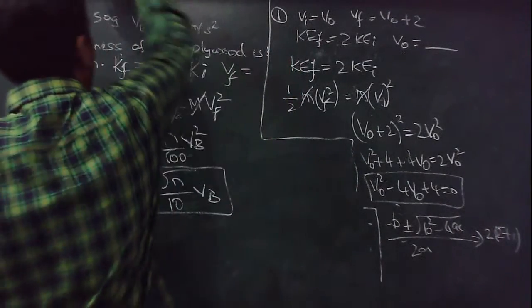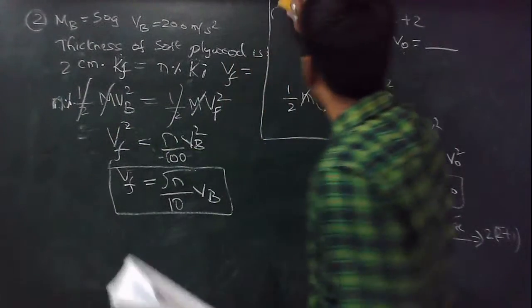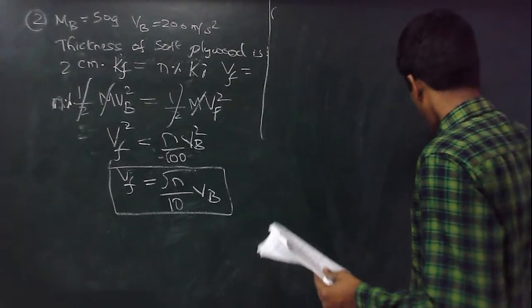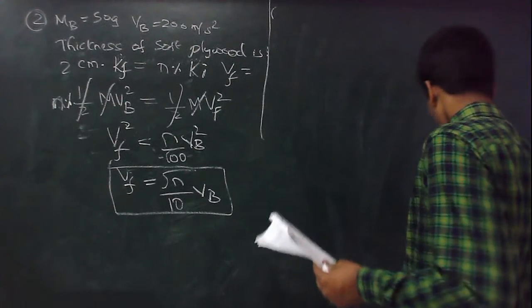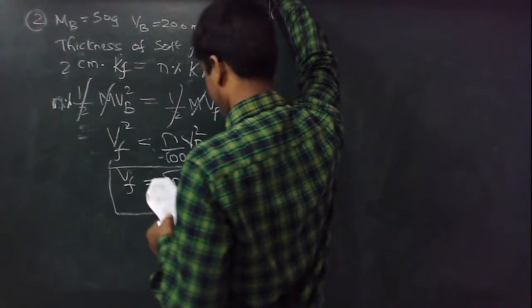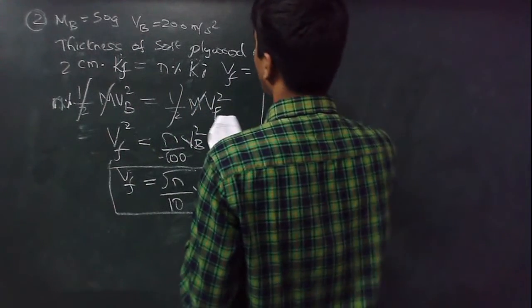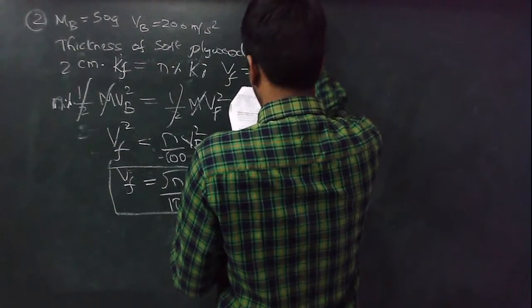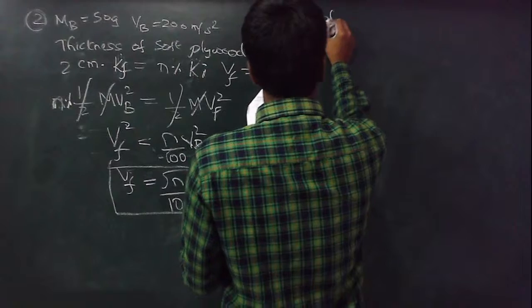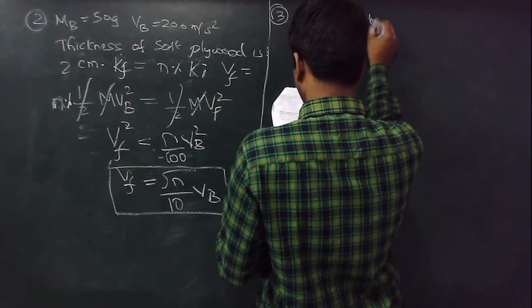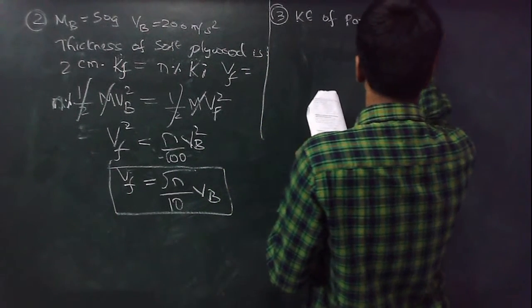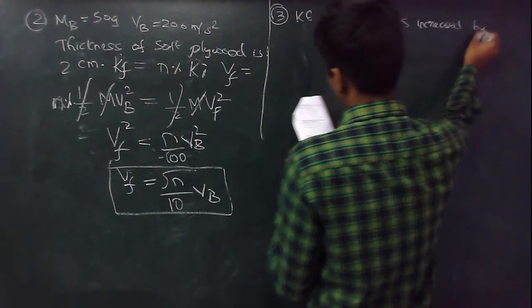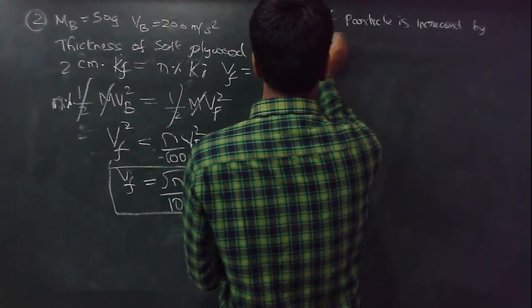Okay, we will see the last problem. The KE of a particle is increased by 300%.